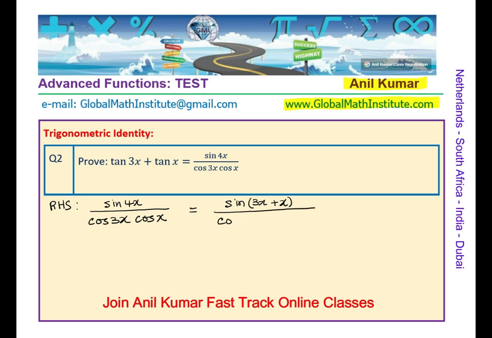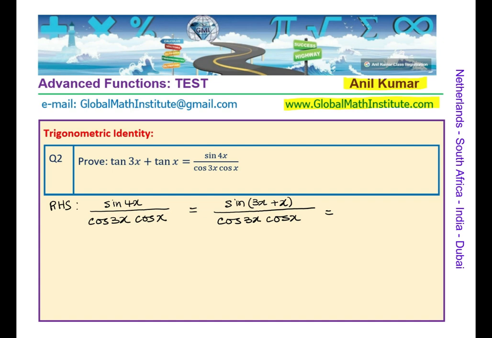Here we have cos 3x cos x. Now, applying the formula of sine a plus b in this case, sine a plus b, as you know, is sine a cos b plus cos a sine b.